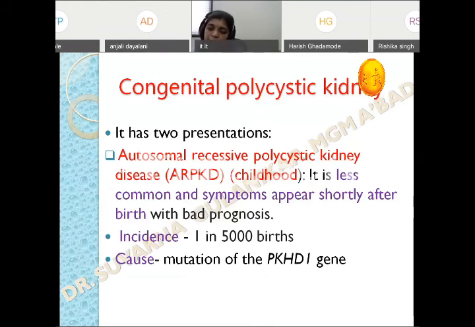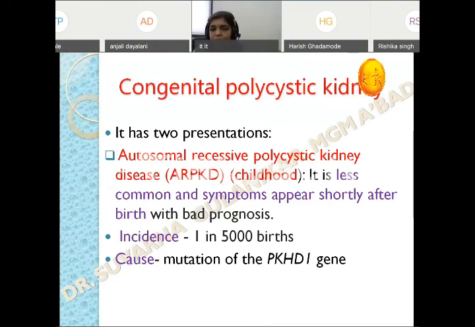Very early, the child lands in renal failure. Incidence is 1 in 5,000 births, and the cause is mutation of the PKHD1 gene. So this is one type which has a bad prognosis, is very rapidly progressive, and is seen in children.